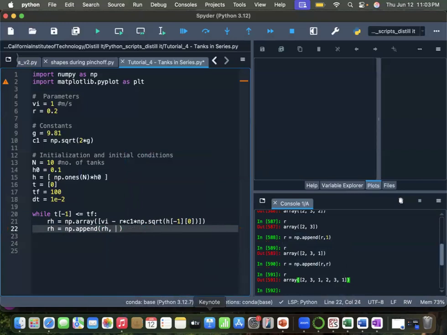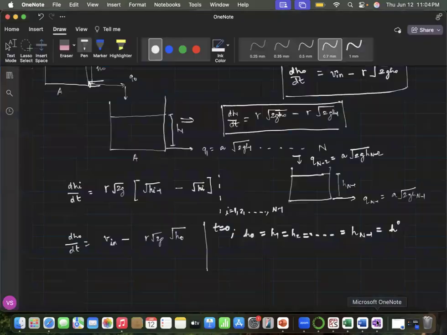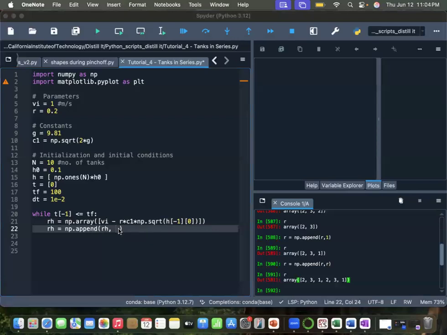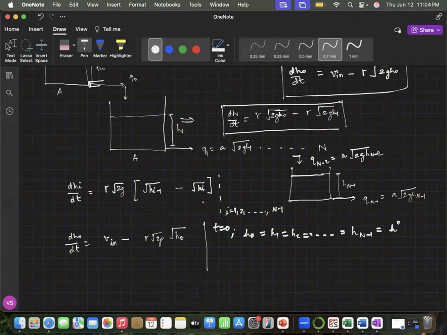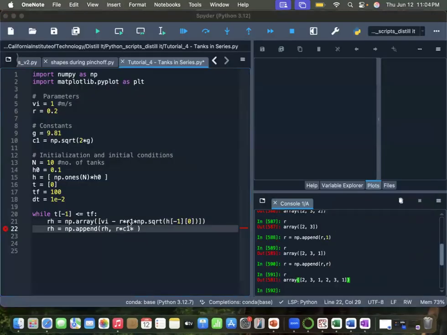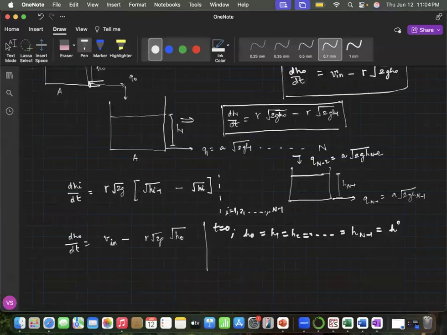So now all the other RHS can be written as r times square root of 2g, which is just r times c1 times. Now, if you are trying to write the RHS for the ith element, that's going to be square root of hi minus 1 at the previous iteration minus square root of hi at the previous iteration. And this I over here goes from 1 to n minus 1.